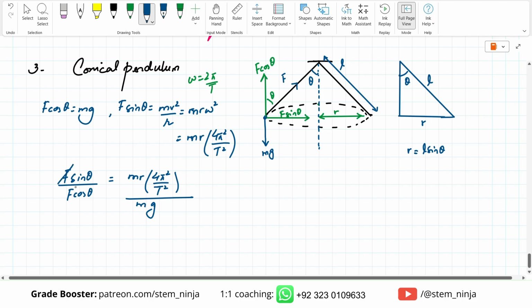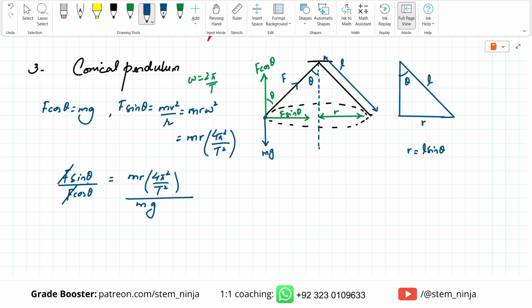We can cancel out the F and F, but we don't need to turn it into tan theta yet, because r is L sine theta. So this would be m times L sine theta times 4 pi squared over T squared divided by mg.